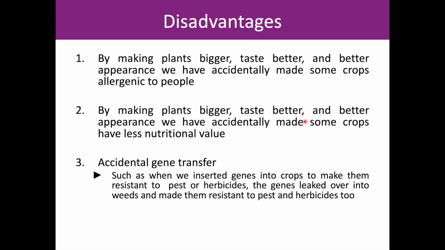And how about accidental gene transfer? Such as when we inserted genes into crops to make them resistant to pests or herbicides, the genes leaked over to the weeds and made them resistant to pests and herbicides too. So the purpose is not effective in that case, since the genes can leak, and the weeds can absorb these genes that are meant only for the crops.